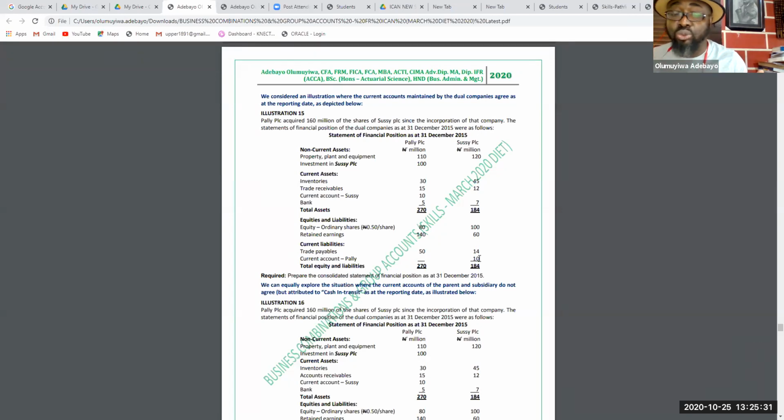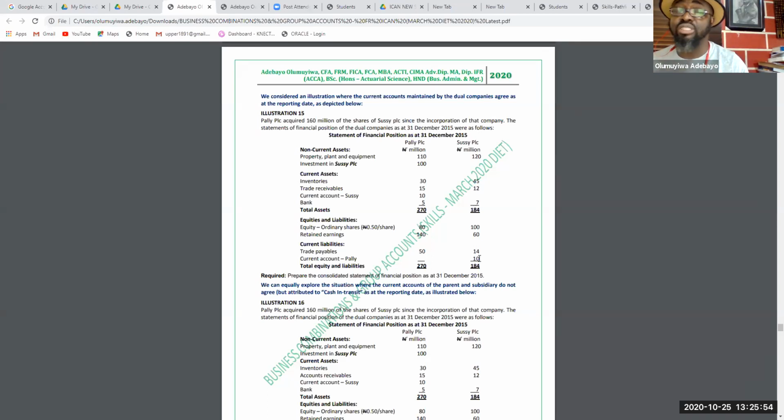They don't need to tell you. There are three ways in which they can tell you this information. One is this way, that they separate the current account from other receivable and payable, and they are just silent. Nobody will tell you anything, but you have to review the financial statement to have better understanding of what is going on.